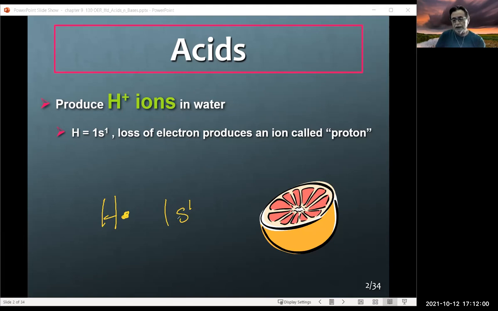If you recall, that s orbital can handle 2 electrons. So the hydrogen atom can actually pick up another electron, and that fills up the 1s2 orbital. Because of that, it has a net -1 charge.